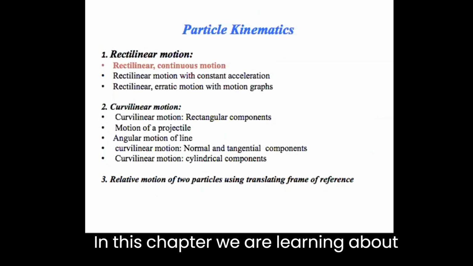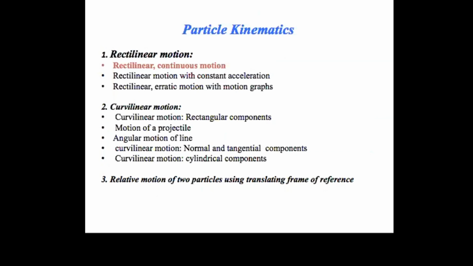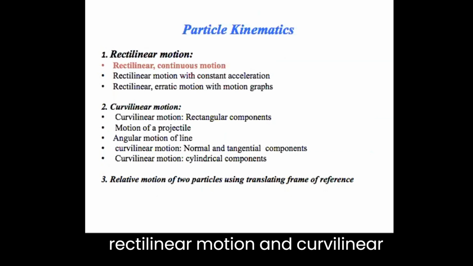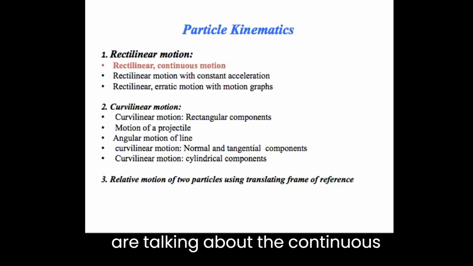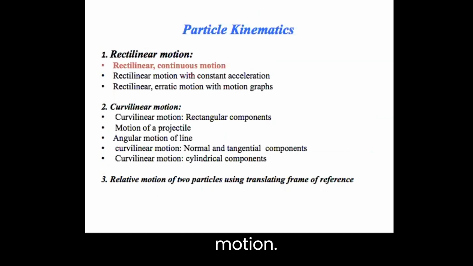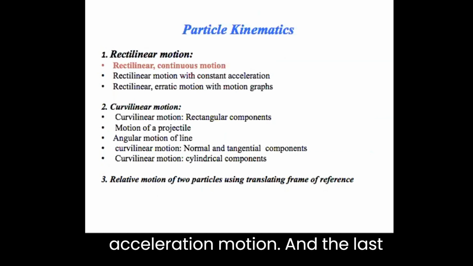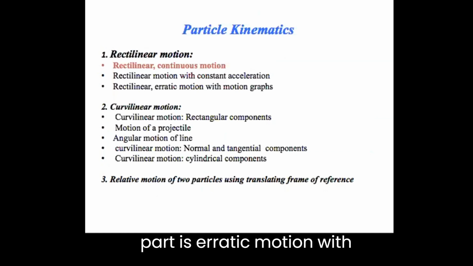In this chapter, we are learning about rectilinear motion and curvilinear motion. In rectilinear motion, we are talking about continuous motion, also constant acceleration motion, and the last part is erratic motion with motion graphs.